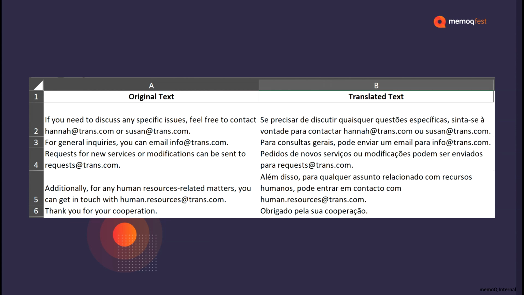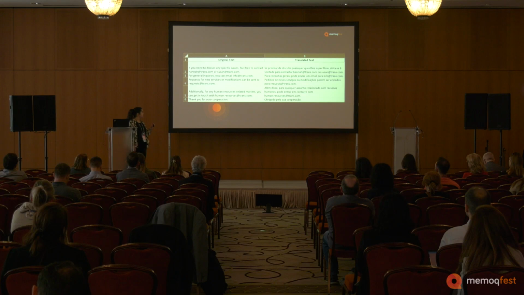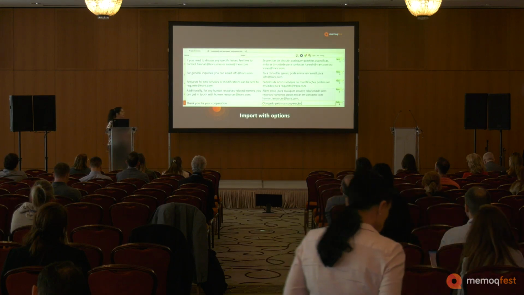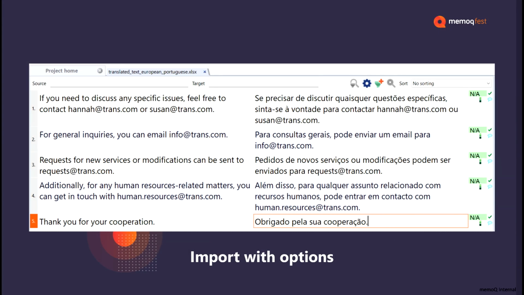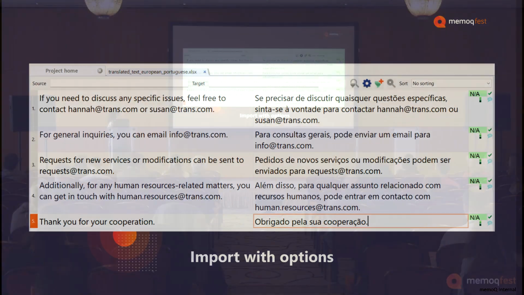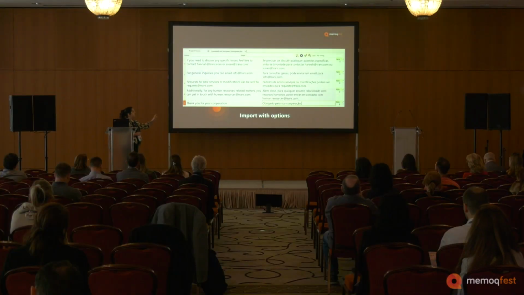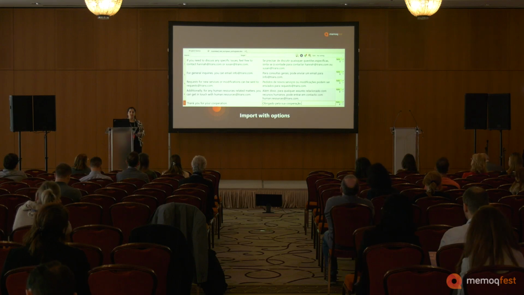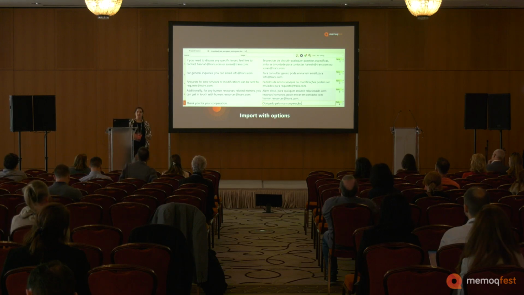And in memoQ, using the import with options filter, you can import it directly into your memoQ. You have the original, you have a translation that was done by ChatGPT, and from here, you can create your translation memories, and next time you get this job, you'll be able to use the previous translations done by ChatGPT.